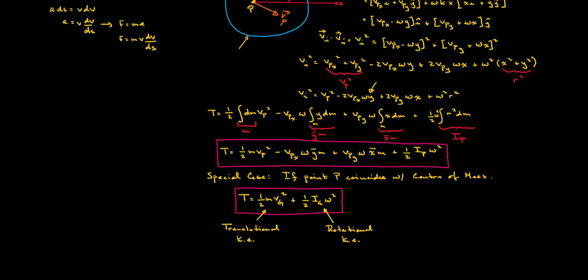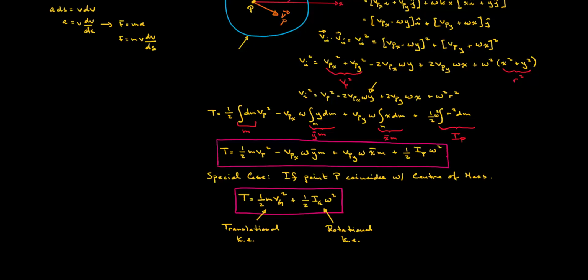What we find is that the kinetic energy, in its most general form, for a rigid body, has actually 4 terms. But in a special case, if point P coincides with the center of mass, which we will often use in problems, we find that we have 2 forms of kinetic energy for general planar motion. We have a translational component and a rotational component.